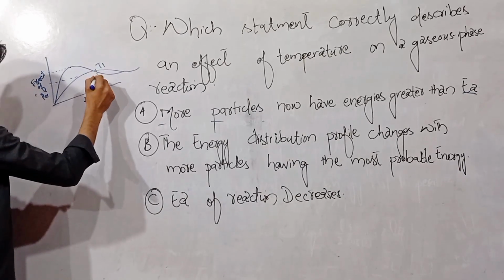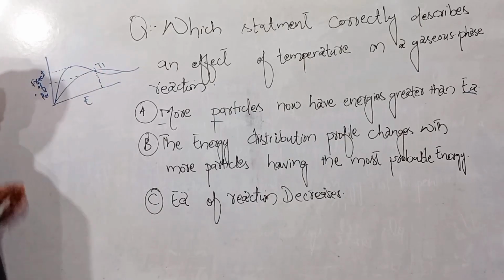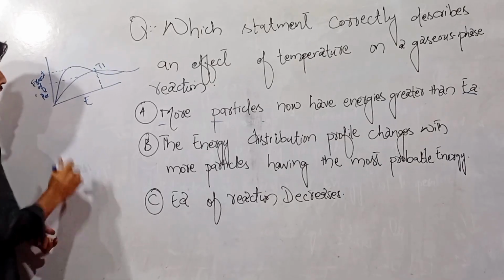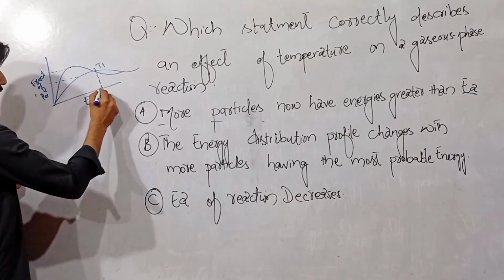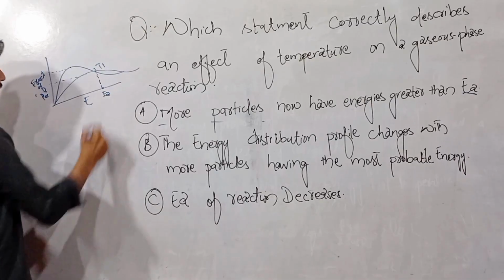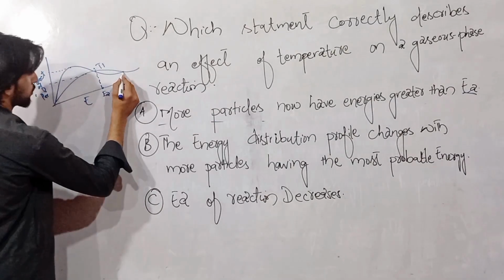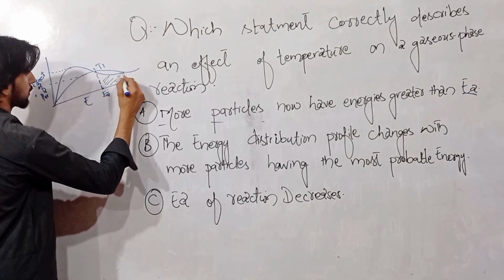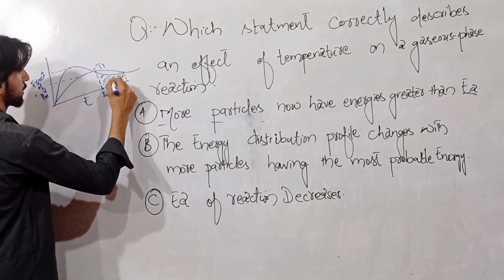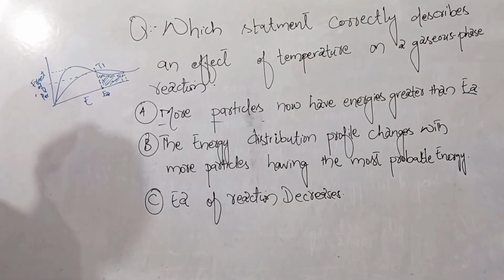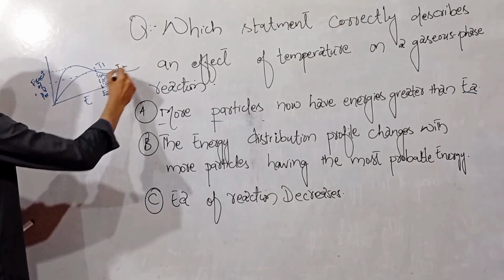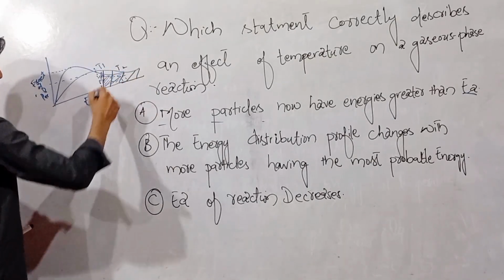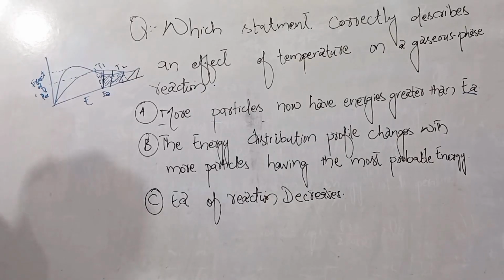The area under the curve represents the number of particles, and the x-axis represents the energy. Suppose this point is Ea. Here the amount of particles in case 1 having the activation energy was this blue covered area, but when I increase the temperature to T2, the area under the graph now becomes this. So now more particles have the activation energy.